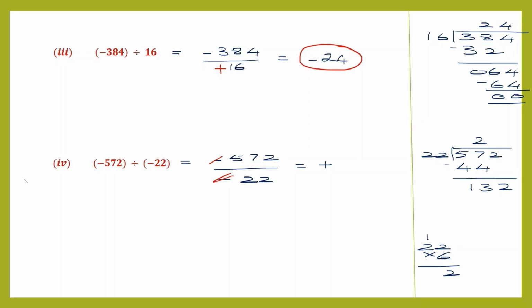Carry 1. 6 twos are 12 plus 1, 13. That's 132. So 22 into 6 is 132. So when you minus, your remainder is 0. So we've got our quotient. Our quotient is 26. So this is our final answer. Plus 26 is the final answer.